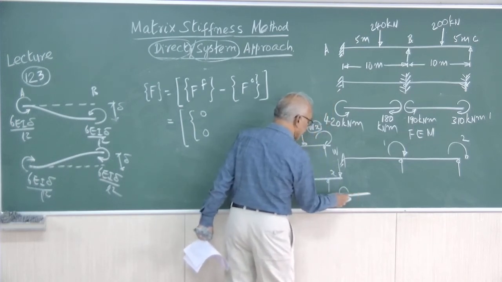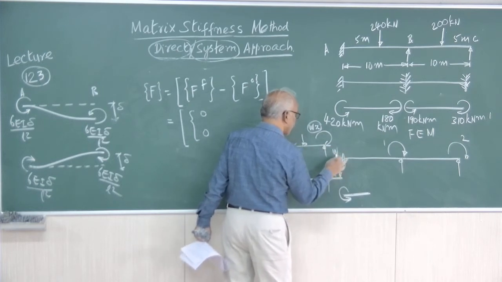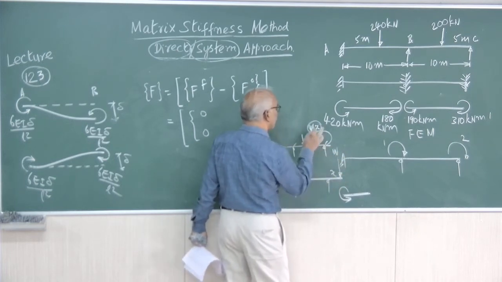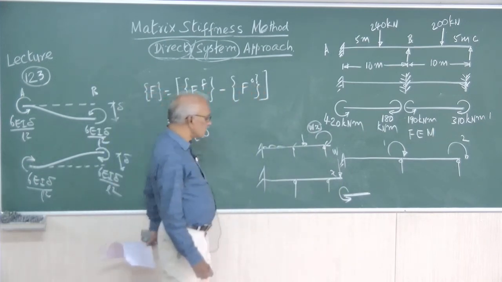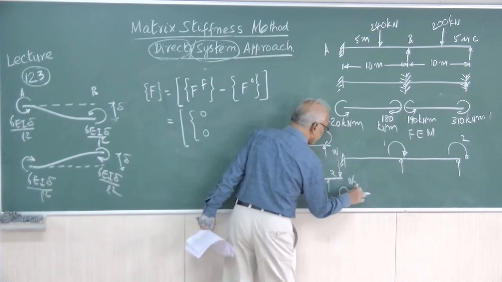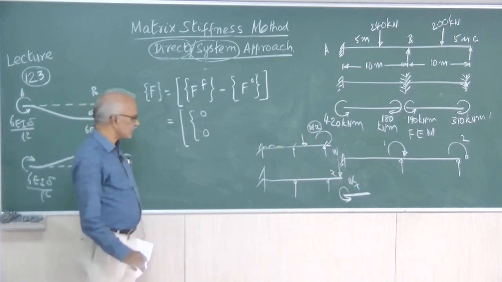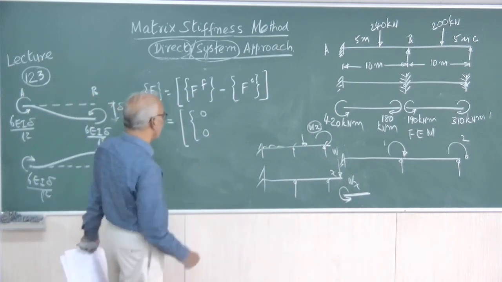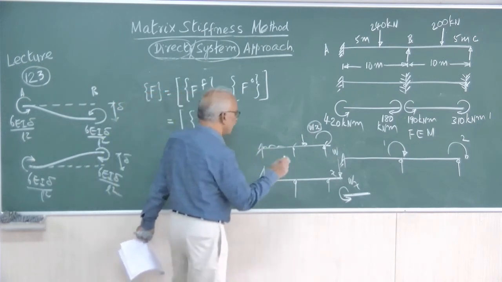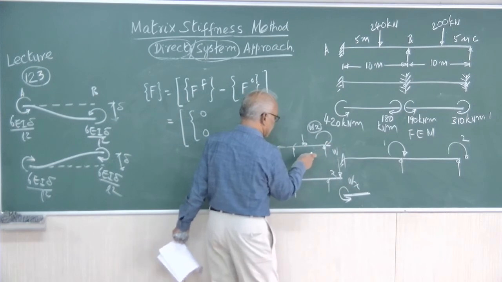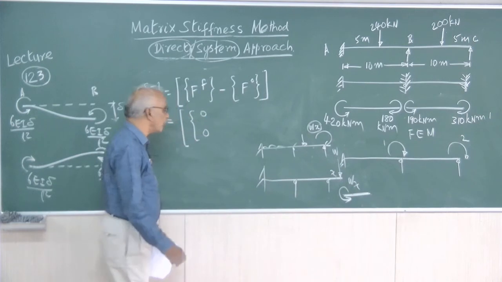Whereas in this portion, when you just remove the overhanging beam, W into X will be the clockwise moment applied, and then only this minus W into X and this W into X will become 0. It must be plus W into X. That confusion was there for one of the viewers, I remember. So as far as this portion is concerned, it is plus. As far as the overhanging part is concerned, it is minus. That will cause an anti-clockwise moment.